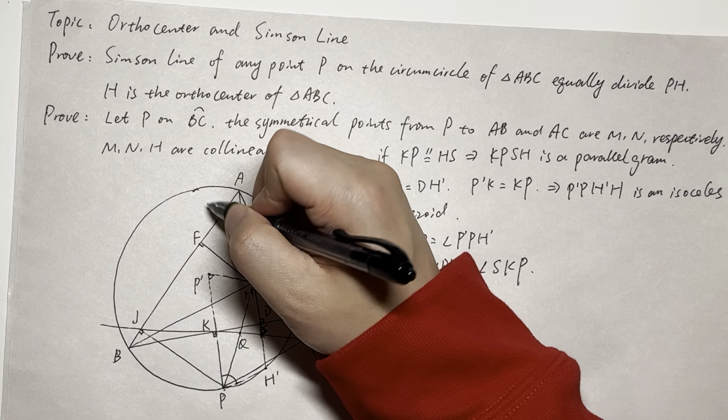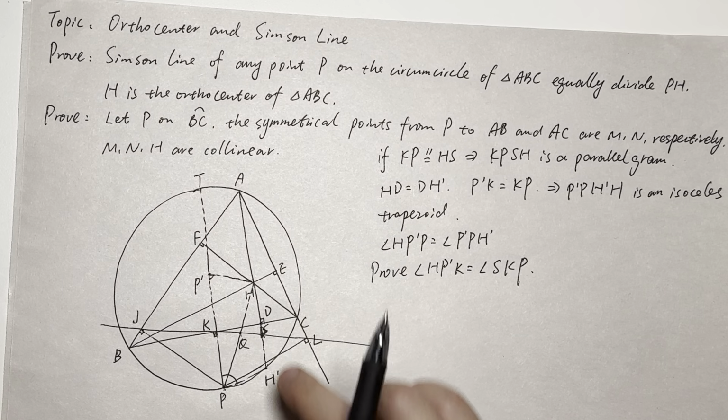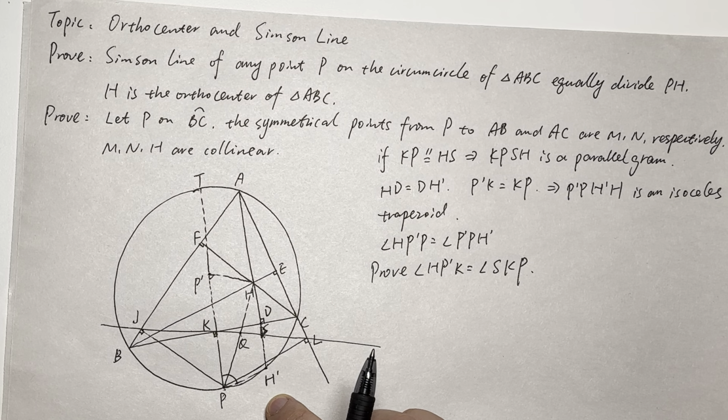Let's just extend the P prime P and meet the circumcircle at point T, right? Because PT and AH prime are parallel lines that intersect the circle, right?